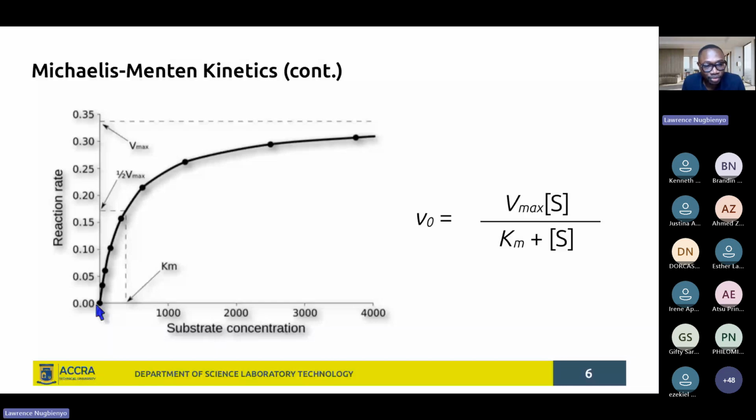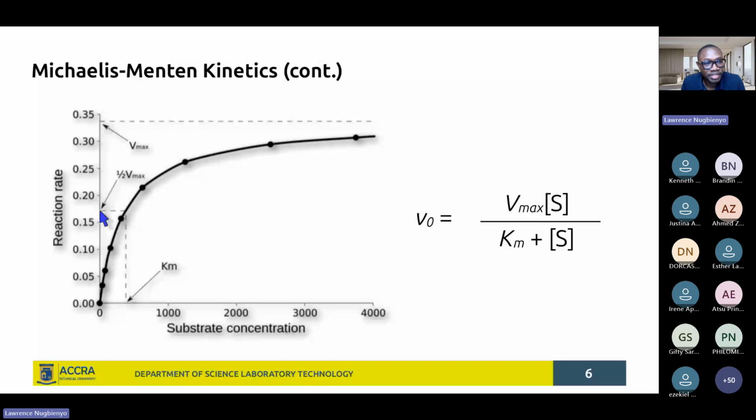Now, if you look much more closely at this curve, we have what we refer to as the Michaelis-Menten constant, which is represented Km. Km is the substrate concentration at which half of the maximum rate of reaction is reached.